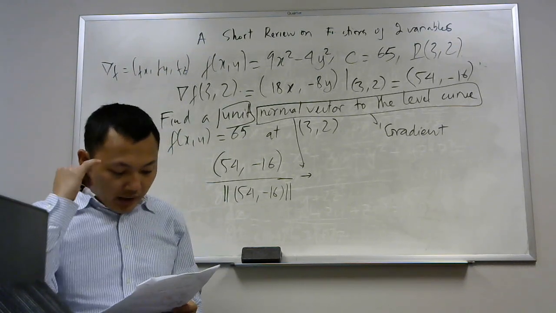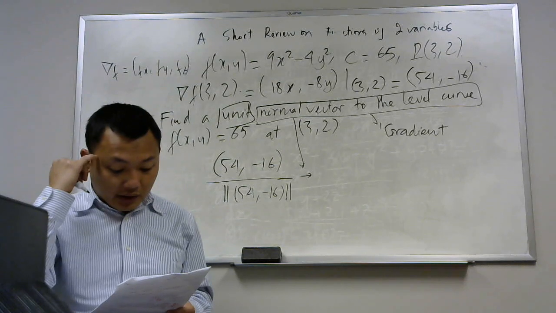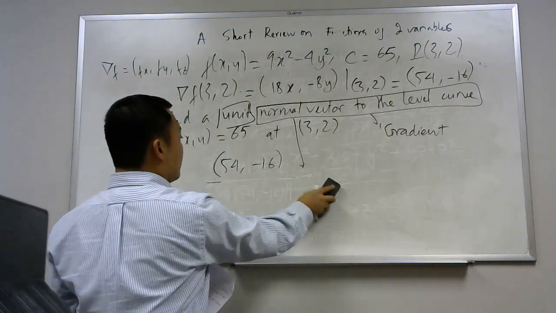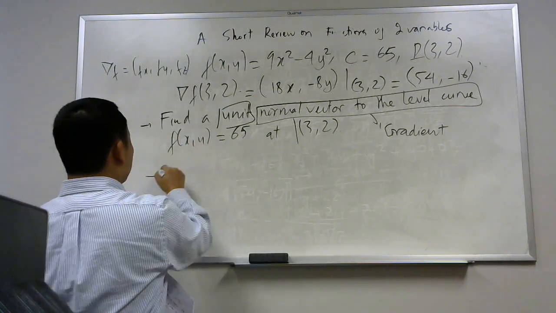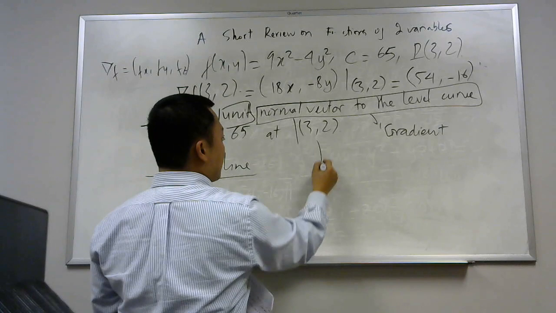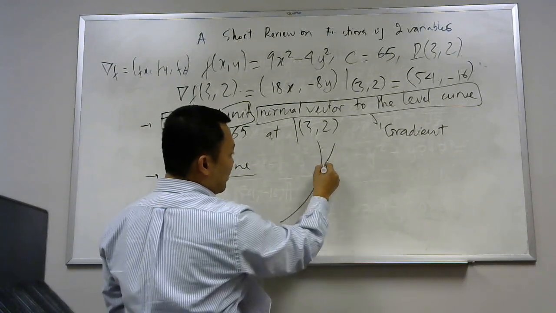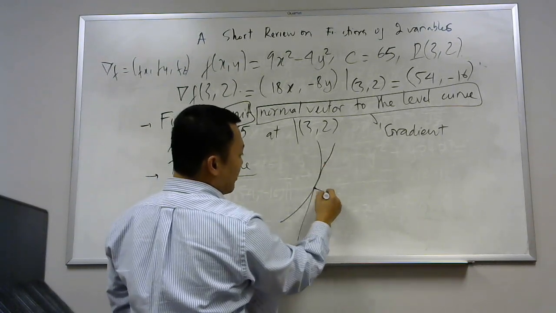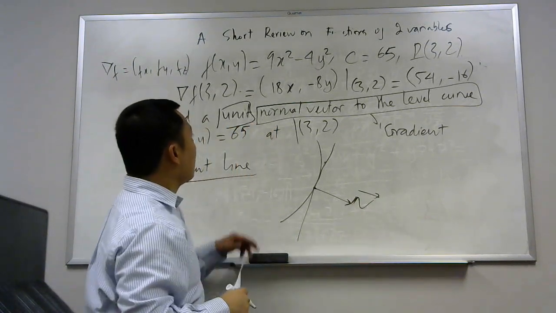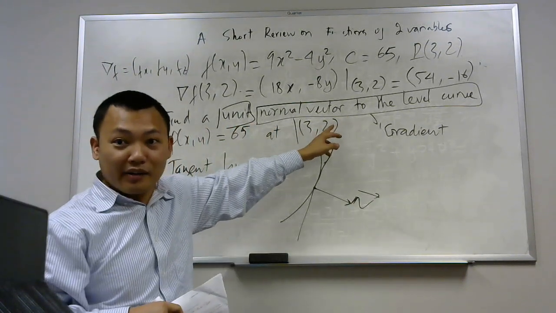And the next question, find the tangent line to the level curve. So for the tangent line, you have some curve here, and you need to find the tangent line to it. But you already have n, this unit normal vector. This is the gradient vector.